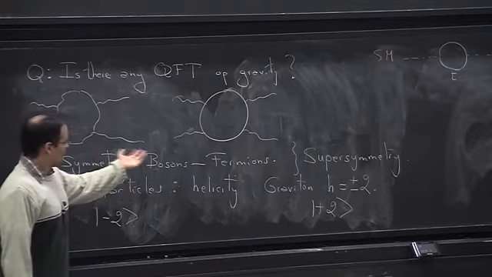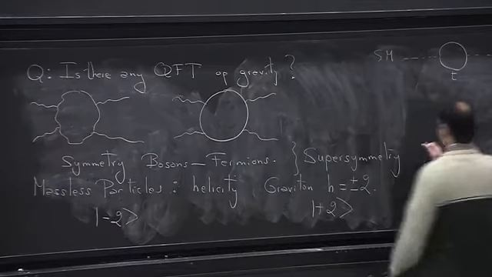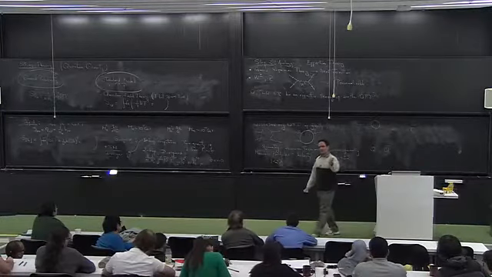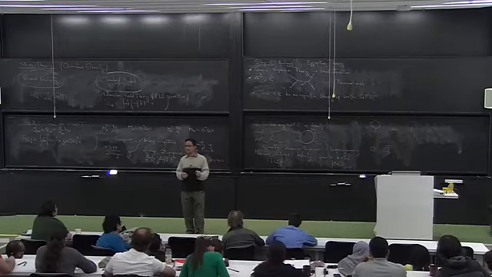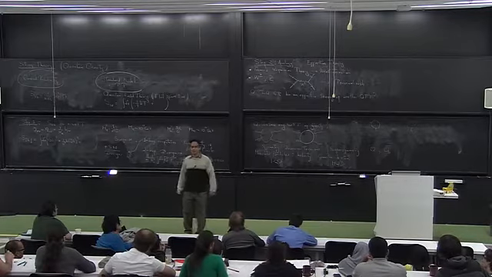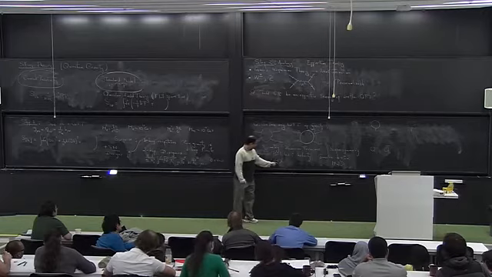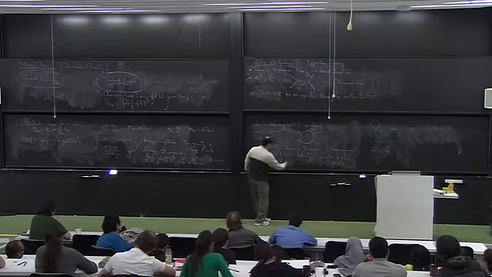Now, this new symmetry, this supersymmetry acting on massless particles can be represented as an operator that we're going to call Q, and its Hermitian conjugate, Q bar, say. And what they do is that they act on a state. Q acts on a state of some helicity and raises the helicity by a half. Q bar lowers the helicity by a half. Okay? So if we apply that operator to our helicity minus 2 state here, what do we get?